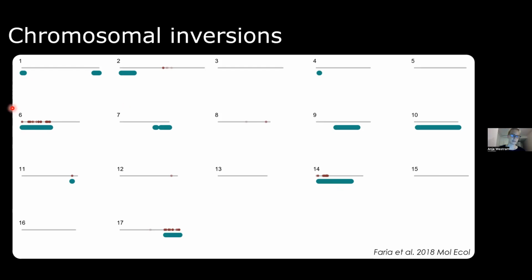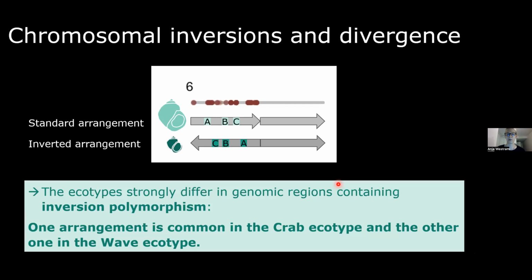And you can see that they perfectly coincide with this block of outliers on chromosome 6 and also chromosome 17. And also in linkage group 14, we have at least an overlap between this cluster and a large chromosomal inversion. So of course, we thought this is quite interesting, and I'm going to talk a bit more about this pattern. So what is going on here?